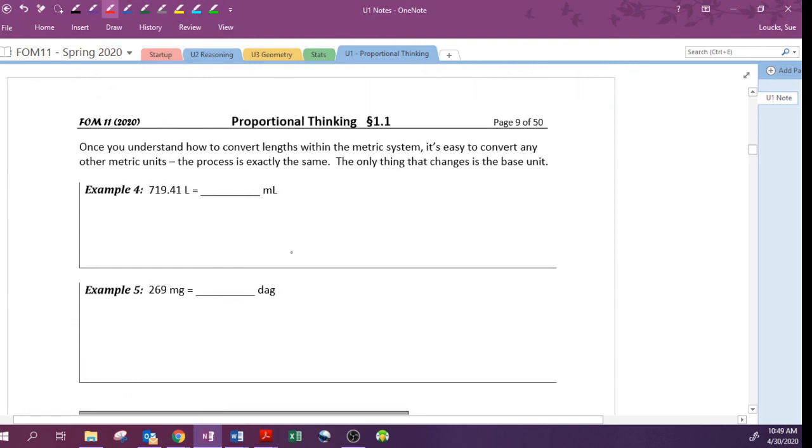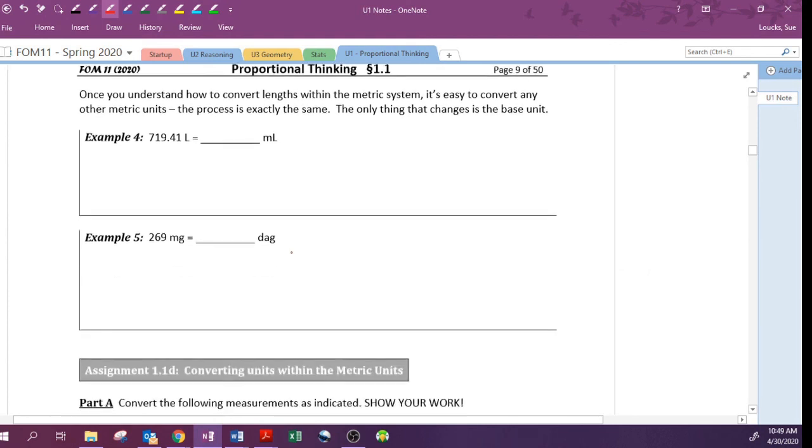I'm just going to do 2 quick examples with liters and grams, just so you've seen that it's exactly the same thing. Okay. So I've got liters and milliliters. Liters are bigger. I'm going to put 1 liter on top, and there's 1,000 milliliters in a liter. And I'm given a number of liters, so I'm going to put that on my line with my liters, which is the top, 719.41 liters, x milliliters.